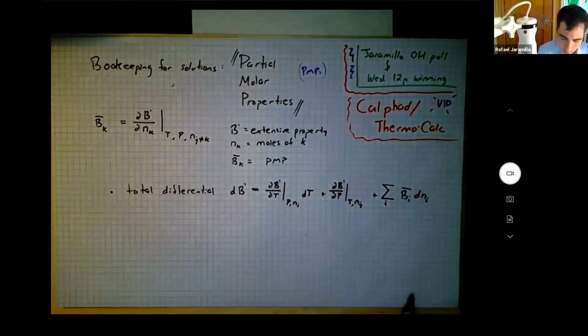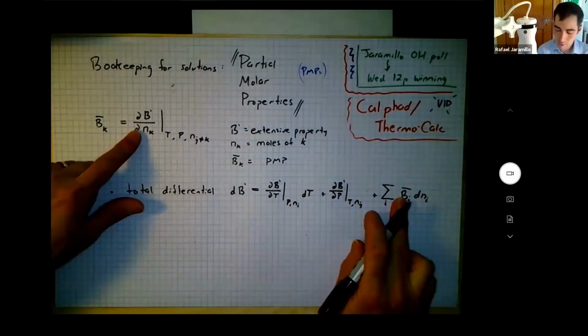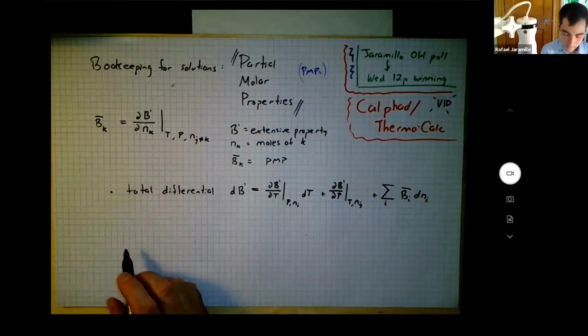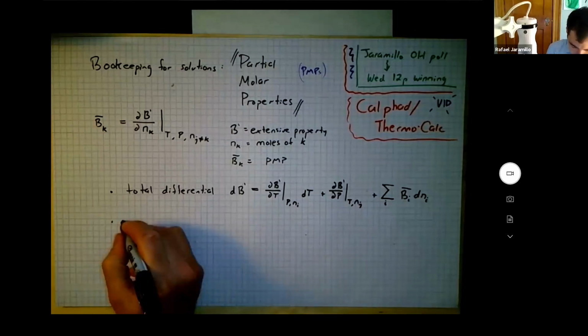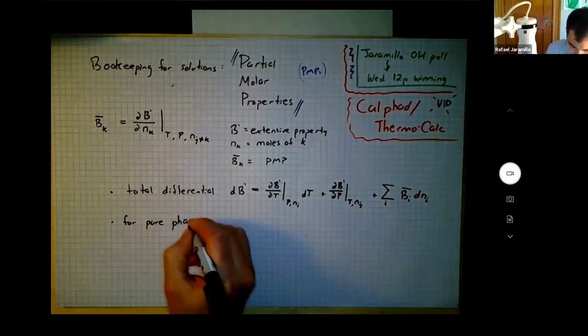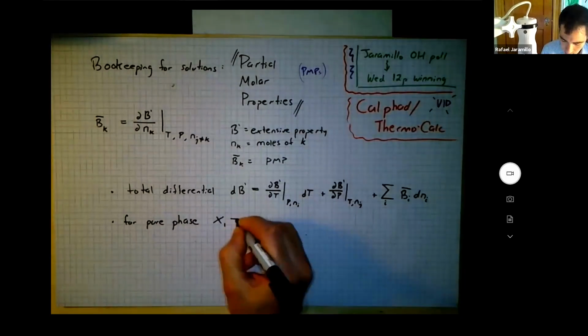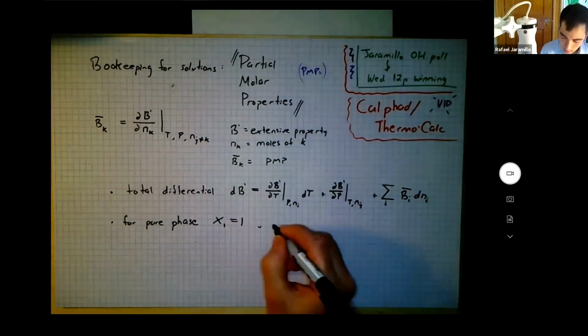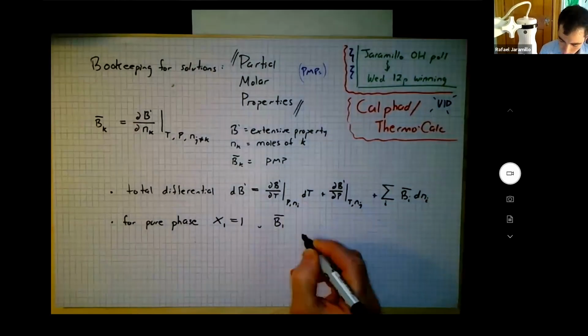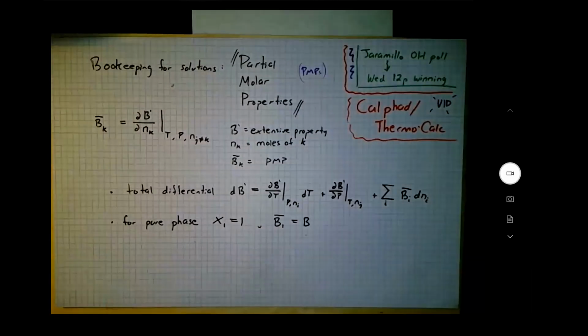So as defined here, it's a coefficient, right? Partial molar property is just a coefficient. And one clarification, for a pure phase, you only have one component, its mole fraction is 1, and the partial molar property is simply the molar property. There's no partial involved.